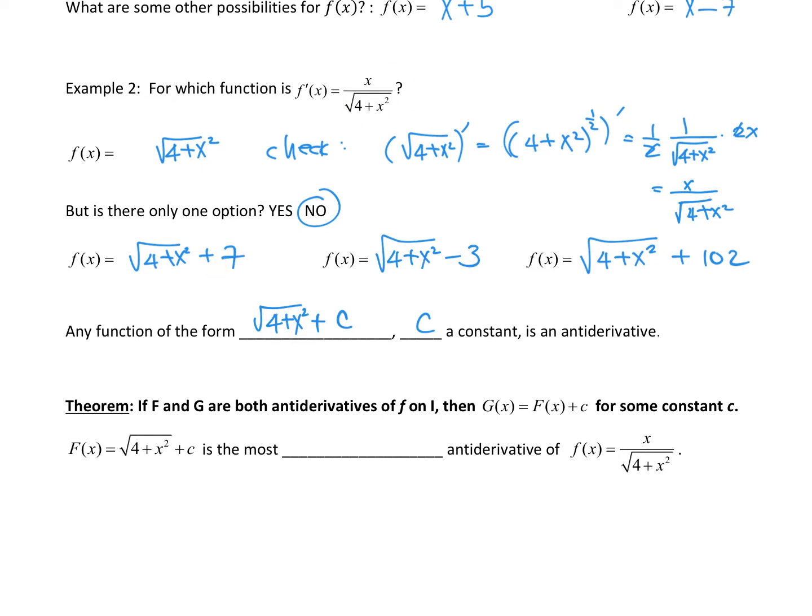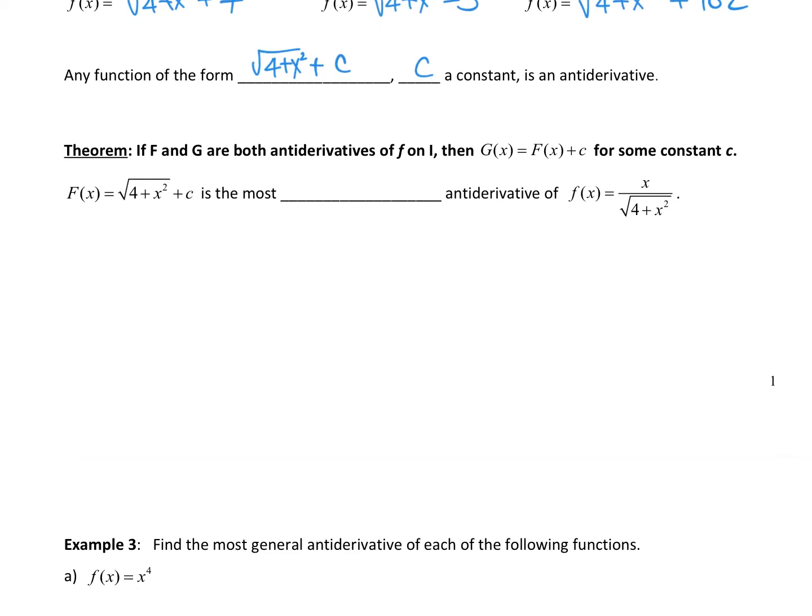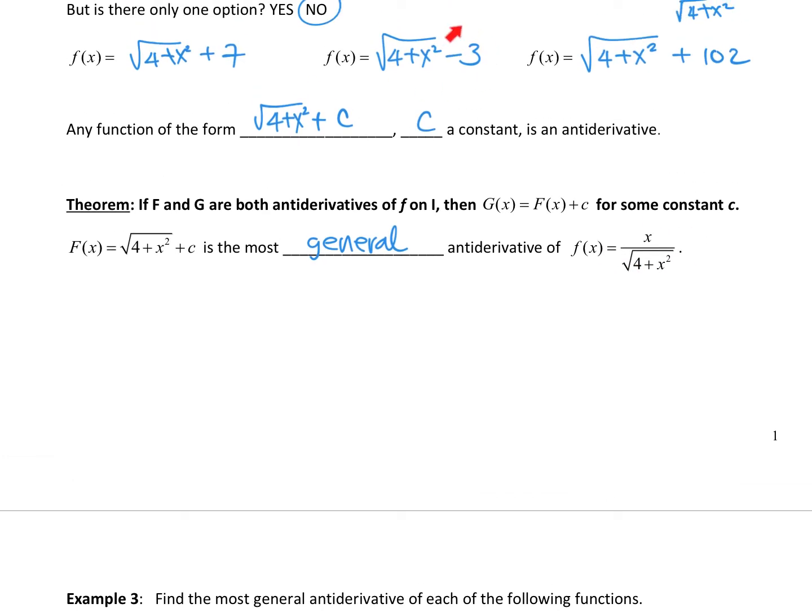If you look at them, they're all basically the same with only the number, the constant, different. So I can say this is the most general antiderivative of that. If I'm looking at just one particular one, that's a particular antiderivative, and if you just keep it as a C, that's the general one.